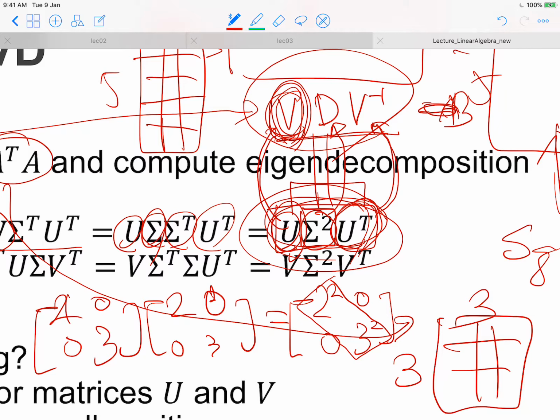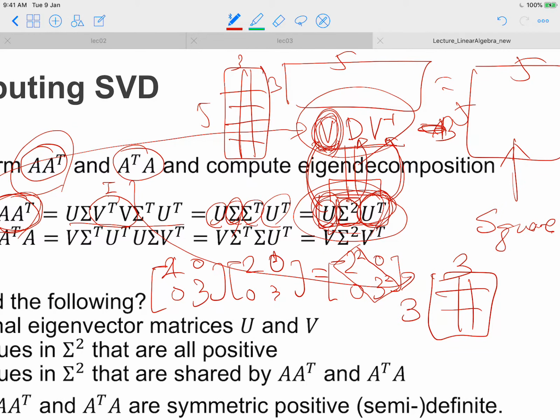But it's not logically perfect, because we initially assumed that A has a singular value decomposition, which is this U sigma V transpose. But I mentioned that in order to obtain the singular value decomposition, we actually obtain the eigendecomposition first, and then from there we obtain the singular value decomposition.